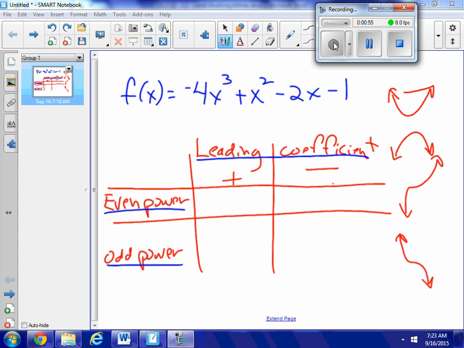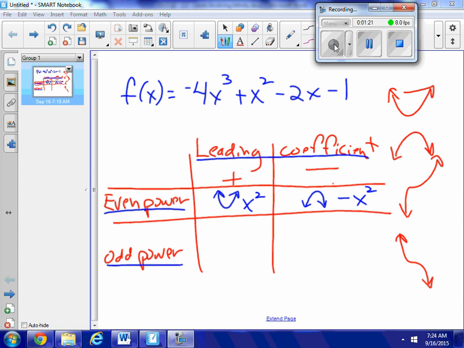So just as a little chart here, when my leading coefficient is positive and I have an even power, the graph is going to be up, up on both ends. If I have a leading coefficient that's negative with an even power, it's going to flip it upside down and it's going to be down, down.